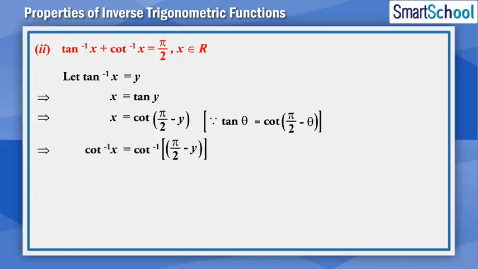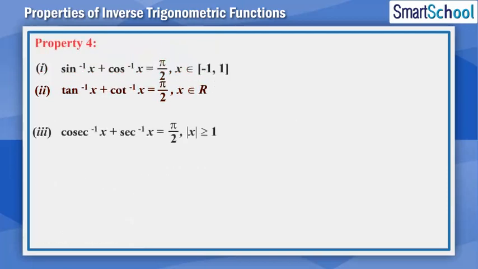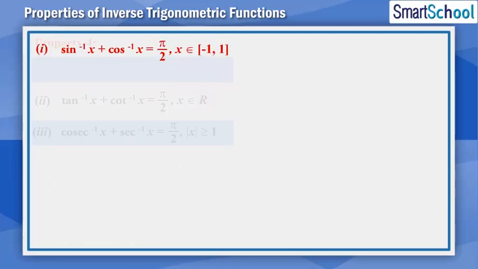Taking cot inverse on both the sides, we get cot inverse x is equal to pi upon 2 minus y, which can be written as cot inverse x plus y is equal to pi upon 2. Substituting the value of y, we get cot inverse x plus tan inverse x is equal to pi upon 2. The other two properties can be proved in a similar way.